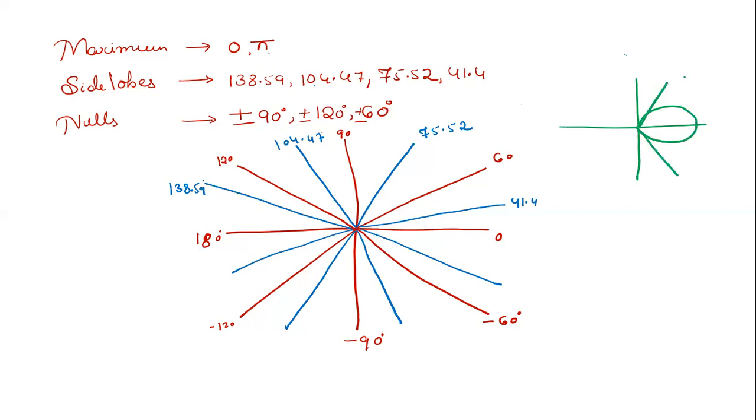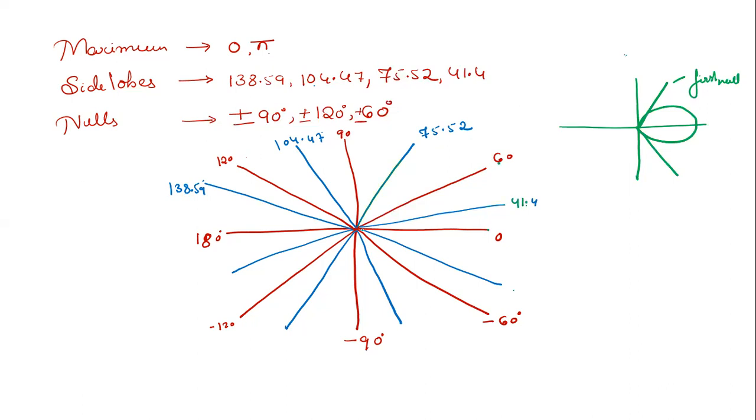So this particular point is called first null. So now if you see in our radiation pattern, 41.4 and minus 41.4 are coming in between the main lobe direction and the first null direction.